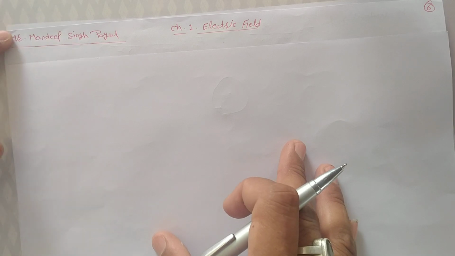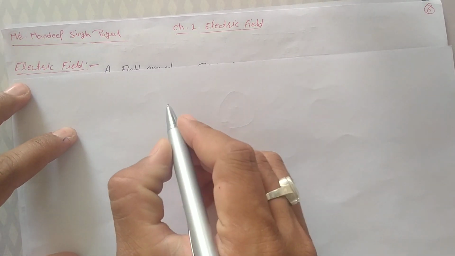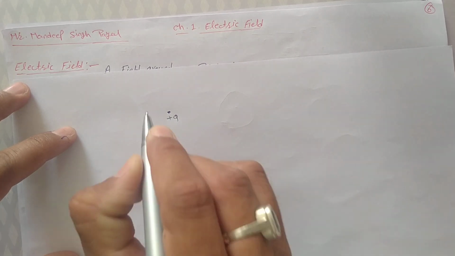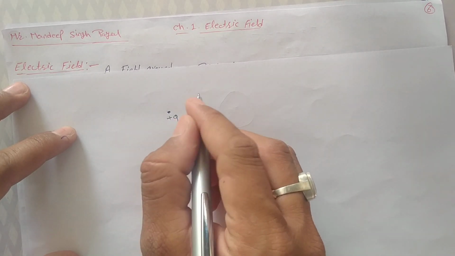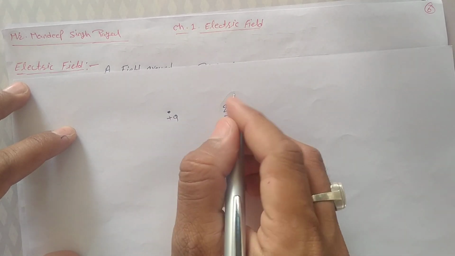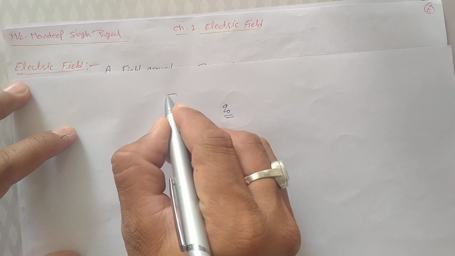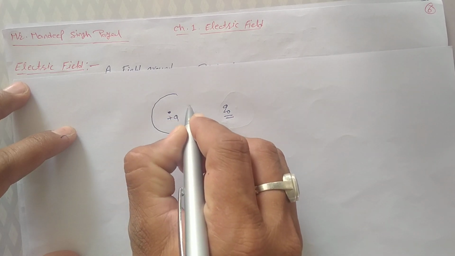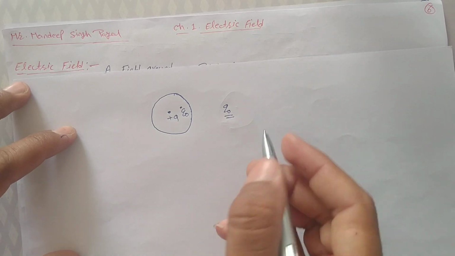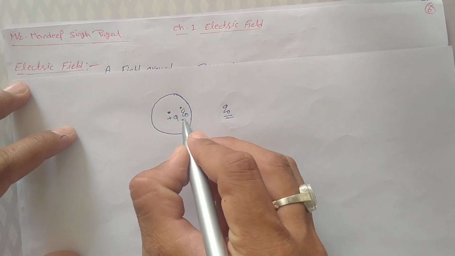What is electric field? Suppose that we have a point charge plus Q around which a test charge Q naught is brought to a certain area. This is a certain area that experiences an electric force.